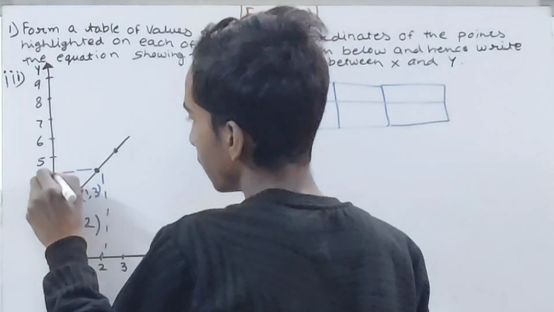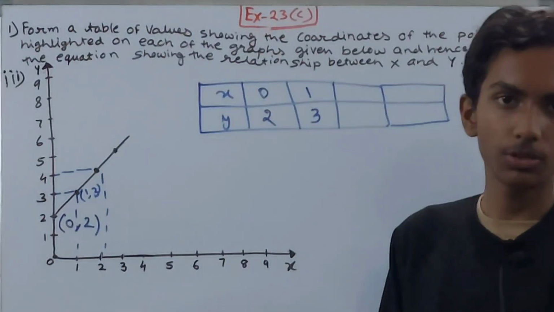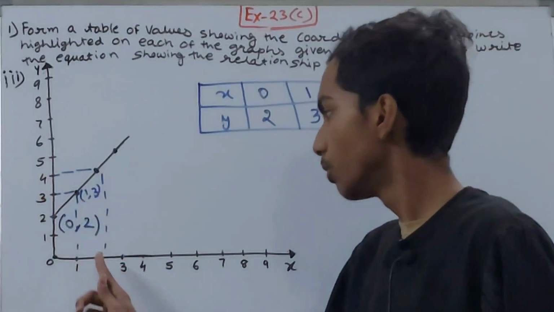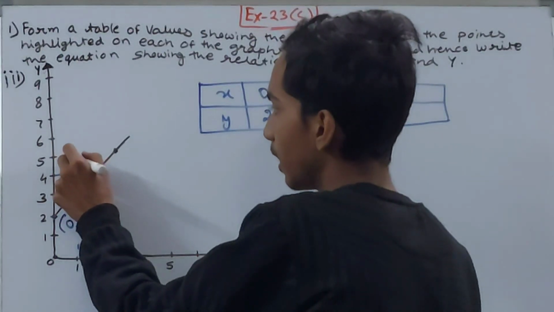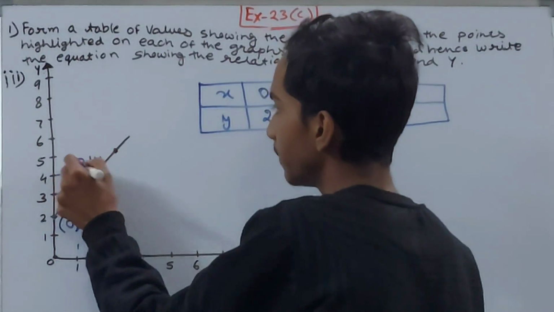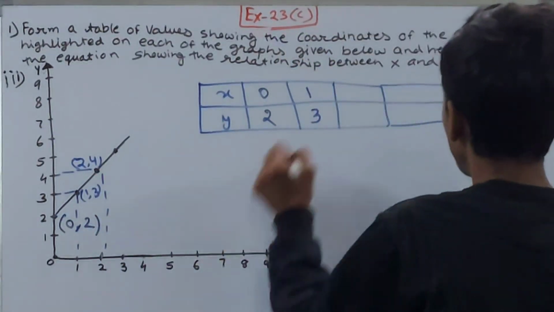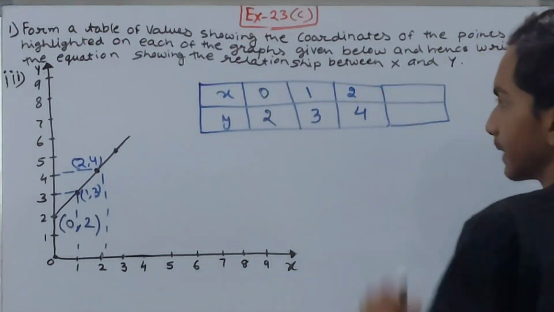And here it is at 4, as you can see. It doesn't have to be that accurate on my board. You can see that on the graph, it will be matching. So 2 will come here and 4 will come there. So what will be the coordinates for this point? You'll have 2 comma 4. Yes, 2 comma 4. So 2 on the x-axis, 4 on the y-axis, right?